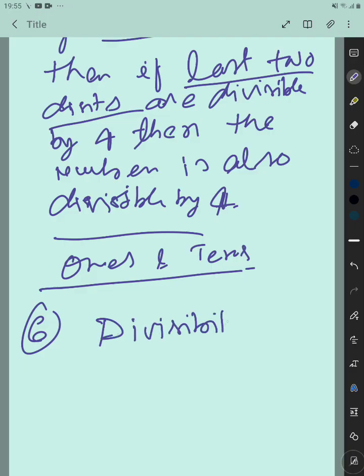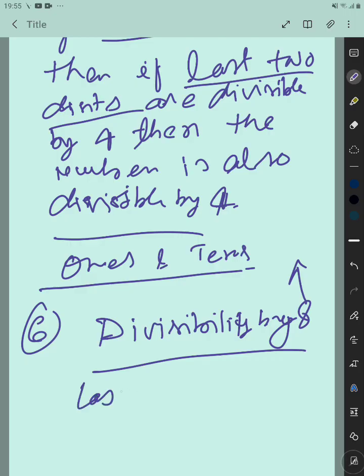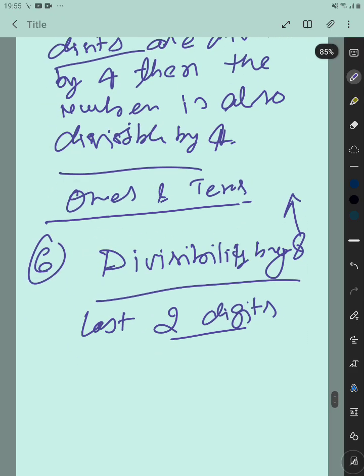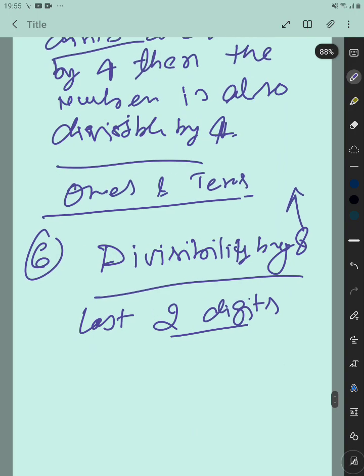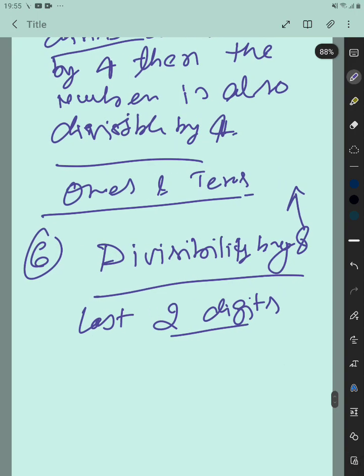Divisibility by 8. It is similar to 4. For 4 we talked about the last two digits, meaning ones and tens place. But for 8 we cannot make any pattern if it is a three digit number.